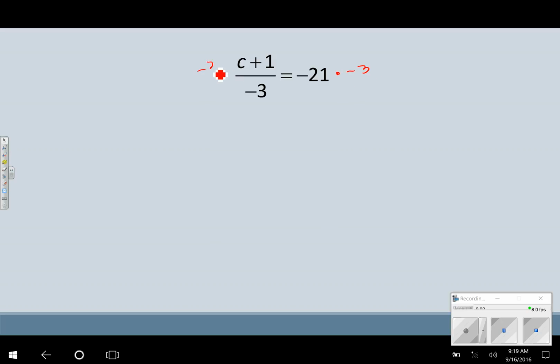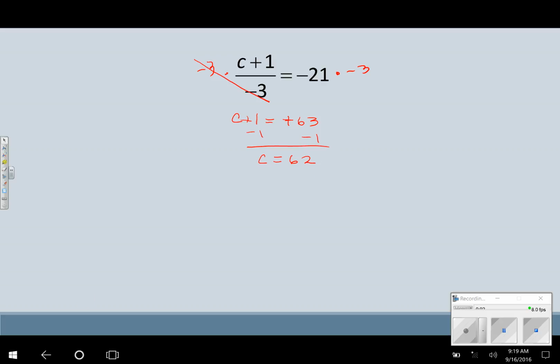If I multiply by negative 3 first, it's going to get rid of this fraction, and I'm going to get c plus 1 equals negative, or positive, sorry, 63. And then I'm going to subtract 1, and I'm going to get c equal to 62.